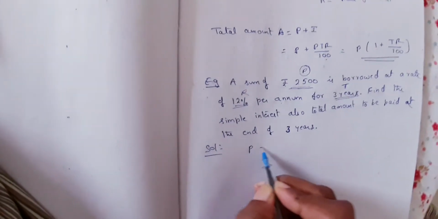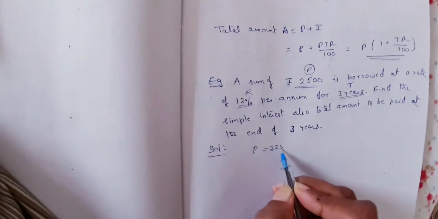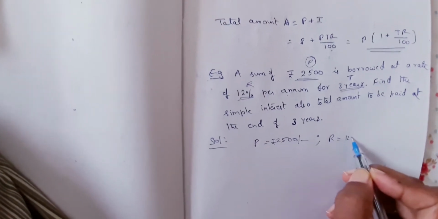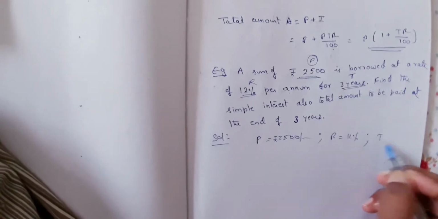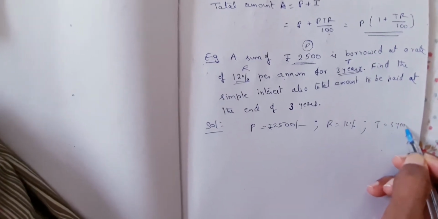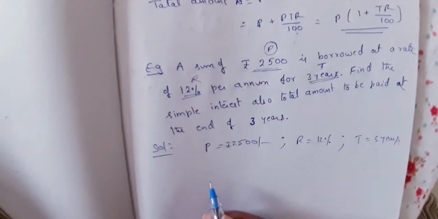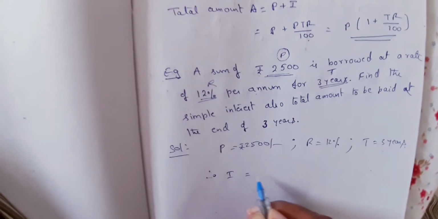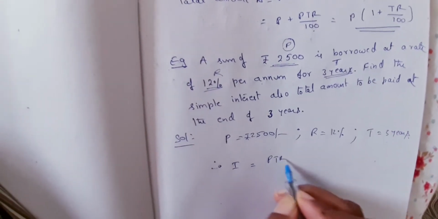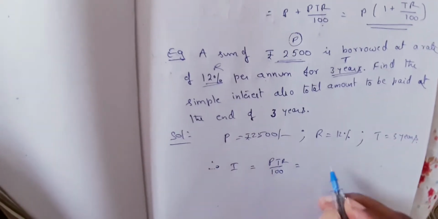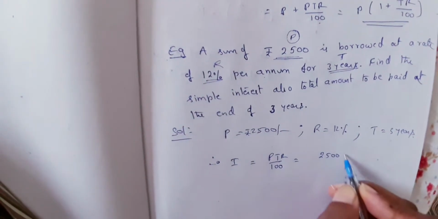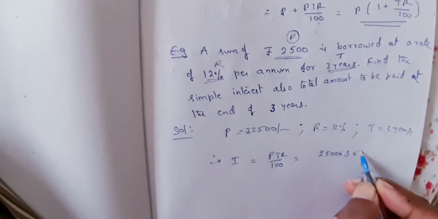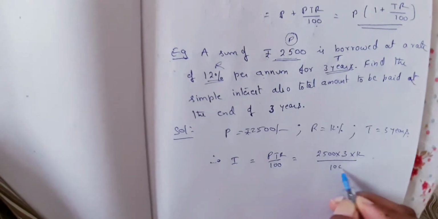So given principal is equal to rupees 2500, right, and rate R is equal to 12%. Then time T is equal to 3 years. So therefore simple interest I is equal to PTR by 100, which is equal to 2500 into T being 3 years into 12 by 100.